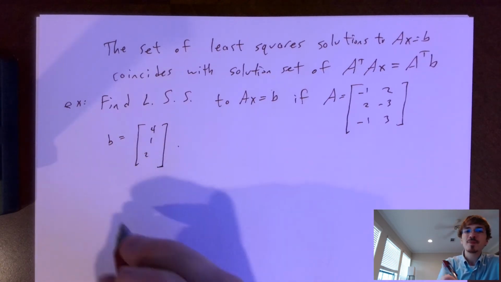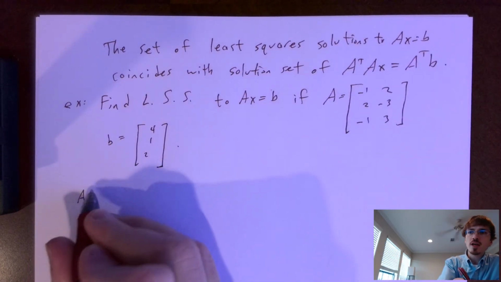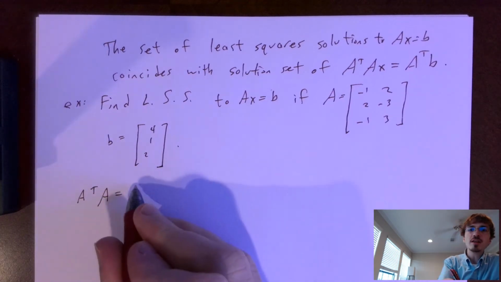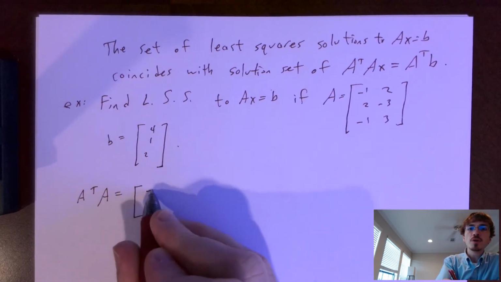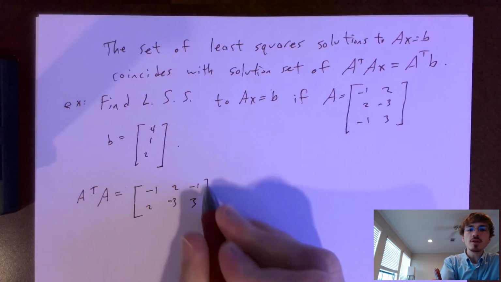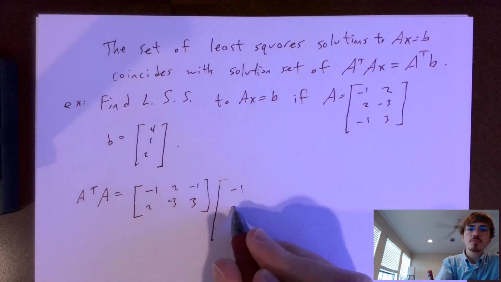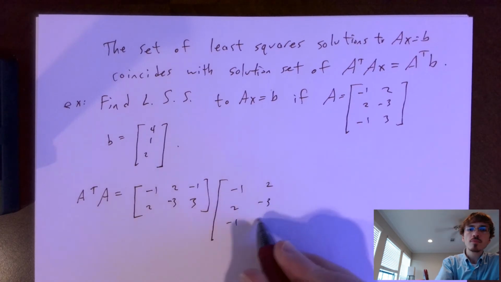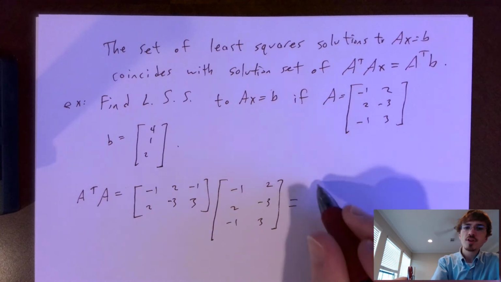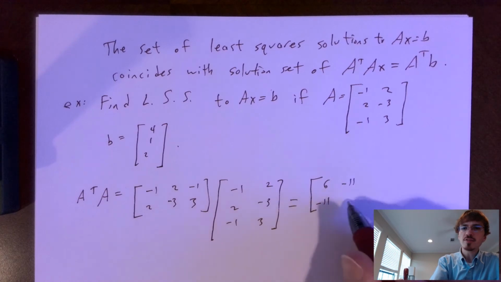Okay? So what do we need to solve? We need to solve this equation. So we need to compute A transpose times A. Well, A transpose times A is equal to -1, 2, -1, 2, -3, 3 times A. Whenever we do the multiplication, you should get the matrix 6, -11, -11, 22.